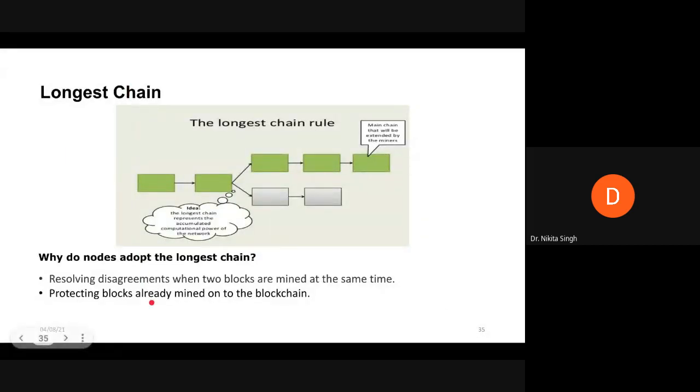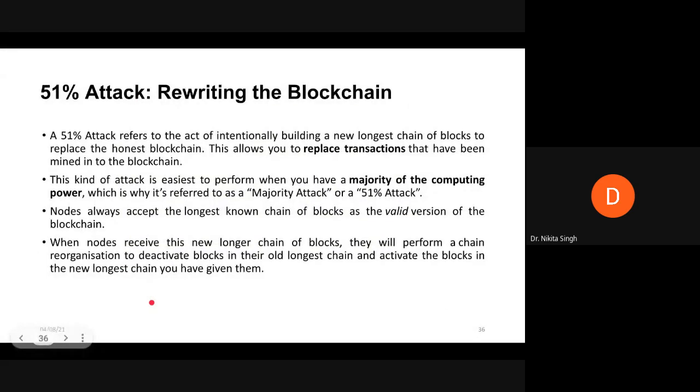Now we have an attack which is known as the 51% attack. That is, can you rewrite the blockchain? So by 51% attack, what I mean to say is that you have 51% control on the network. So here, our Bitcoin network is a peer-to-peer network. Every peer is making use of its computational power to create a new block, add a new block to the chain.